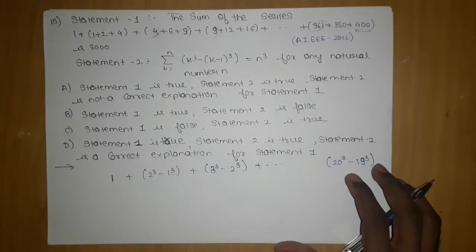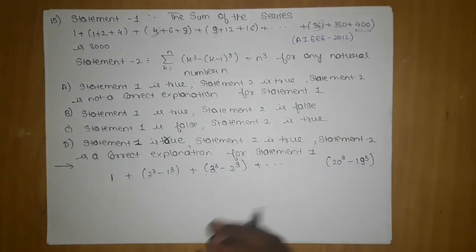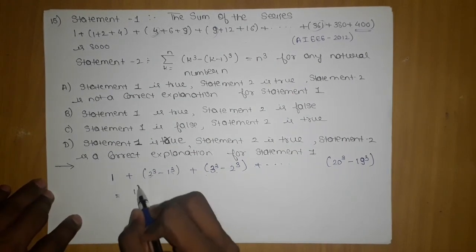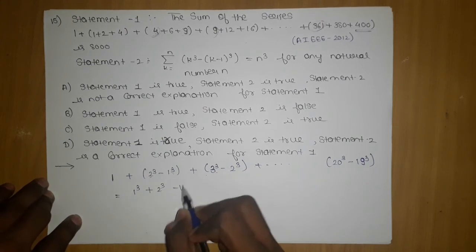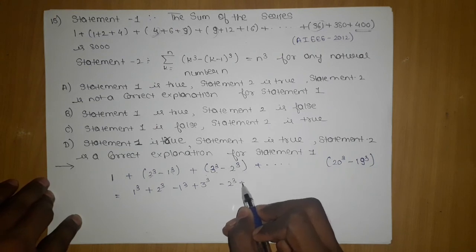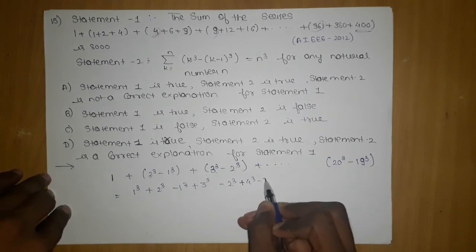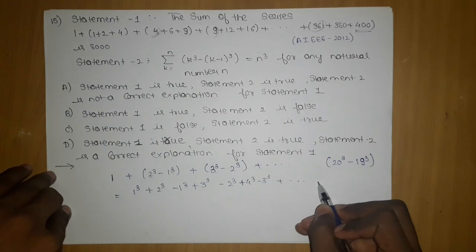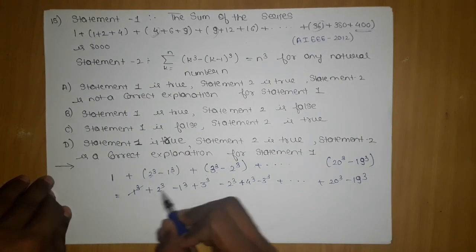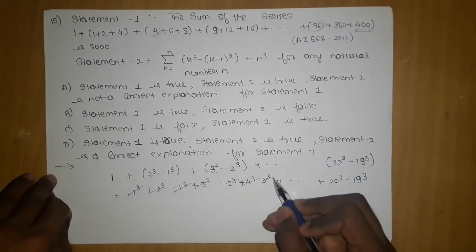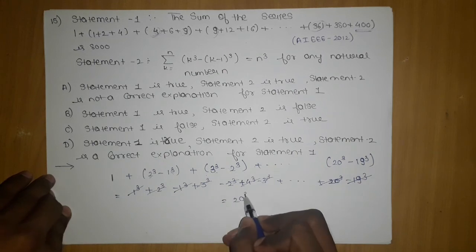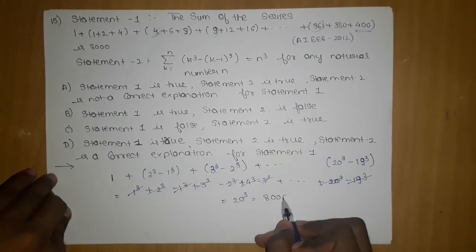If I open this, I can write 1 cube plus (2 cube minus 1 cube) plus (3 cube minus 2 cube) plus (4 cube minus 3 cube), and so on till 20 cube minus 19 cube. You can clearly see all the terms cancel out except 20 cube, and 20 cube is nothing but 8000.